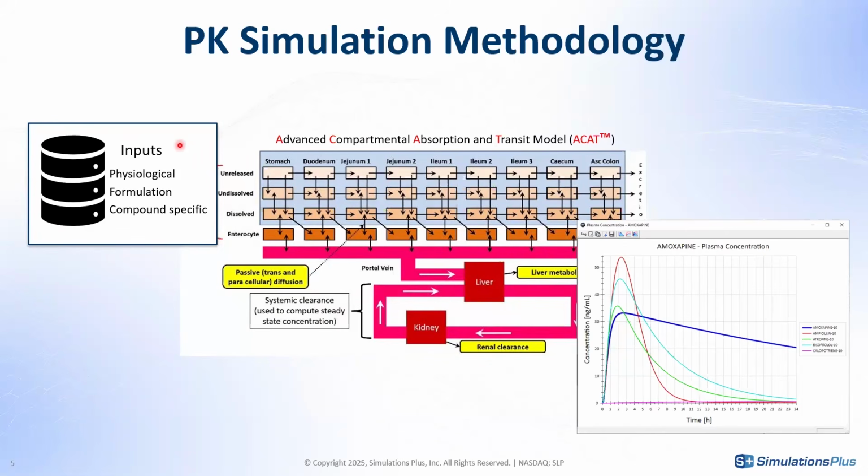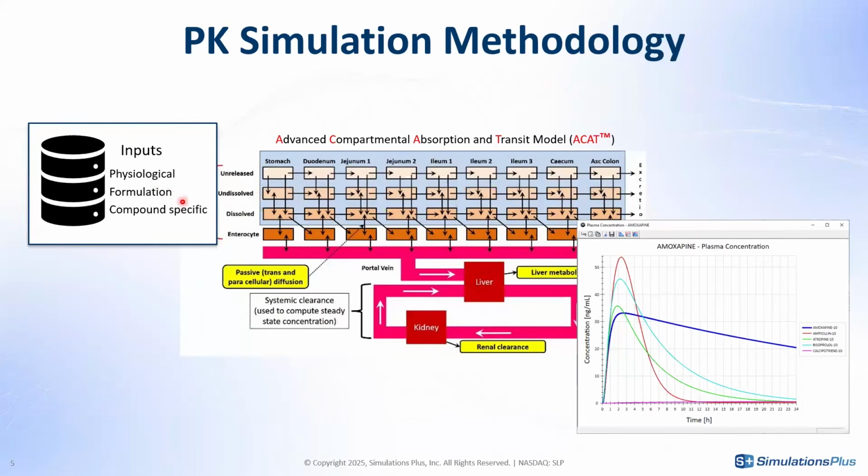The system does require inputs. Physiological parameters would be things like the sizes and pH values of individual compartments here. These are taken directly from our flagship GastroPlus software, the full expert PK simulation software package.